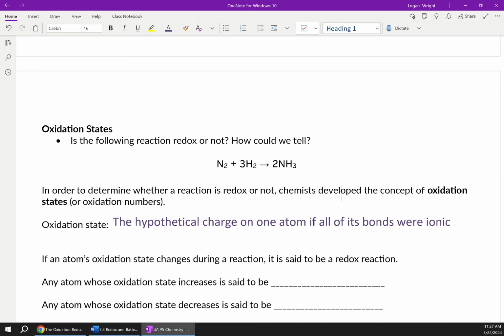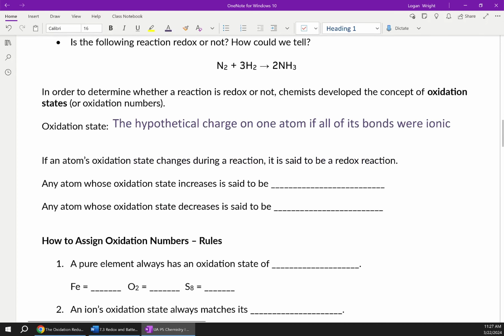Now, as we get into it, this is the part where when you say OIL RIG, the word electron is really important, because when we look at oxidation numbers instead of electrons, things work a little bit differently. Here's how oxidation numbers affect our vocab. An atom whose oxidation state increases is said to be oxidizing.